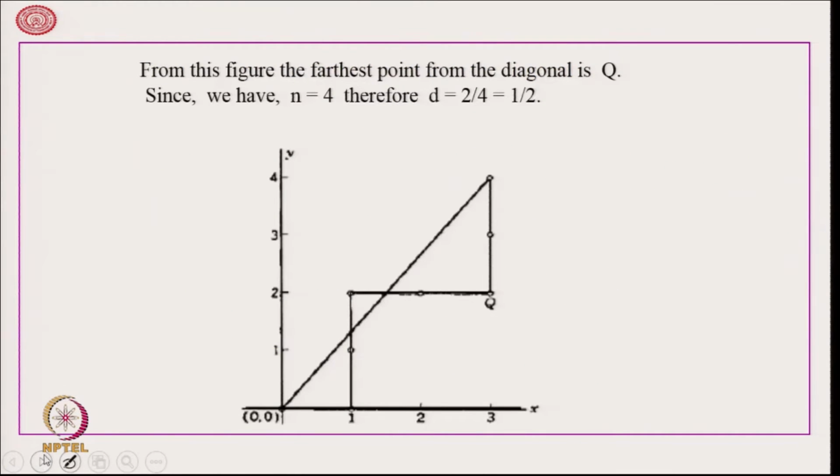Say for example, these are the points on the path and this is the diagonal line that we are talking about. Therefore, the maximum distance is coming at this point, which is q, and that distance is 2 units, but since n is equal to 4, the maximum difference with respect to the cumulative distribution is going to be d is equal to 2 by 4 is equal to 0.5.